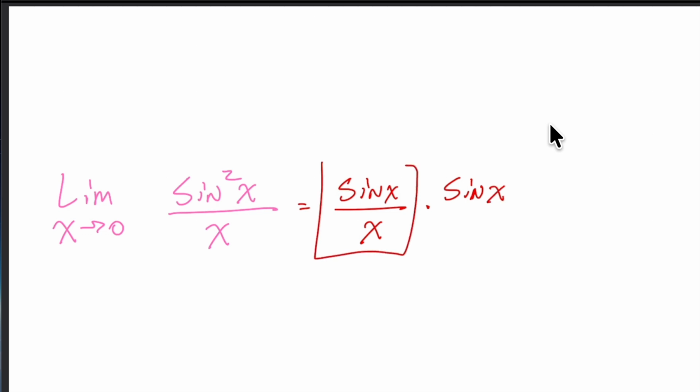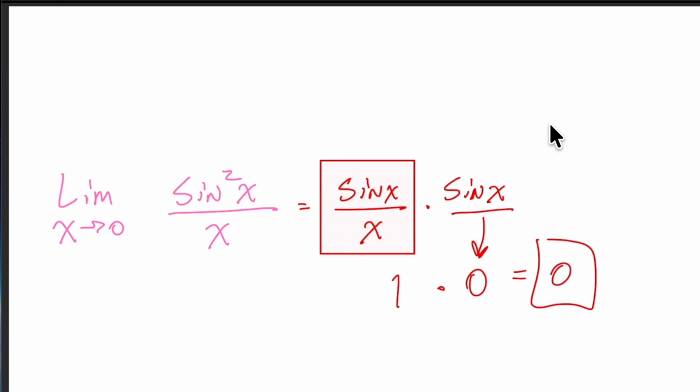Here, the limit of this as x goes to 0 is 1, and sine of 0 is 0, so we're going to have 1 times 0 is 0, and that's your final answer.